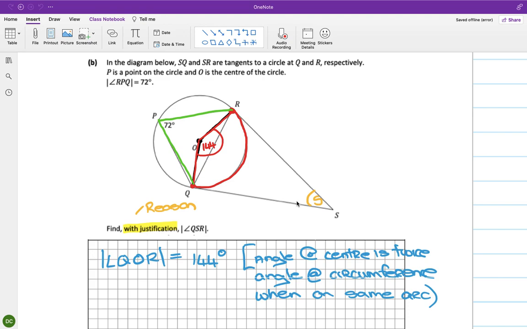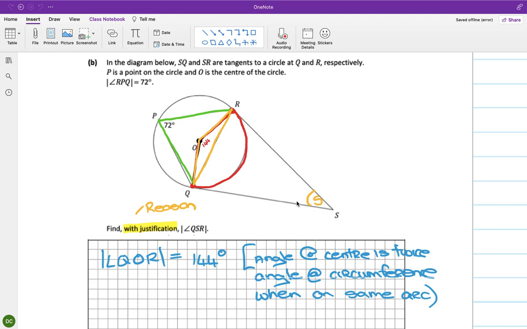Right, does that help us at all? I can't write it any smaller and I really want to. Okay, so if that angle there is 144, can we find anything? Like if I do this, does that help?